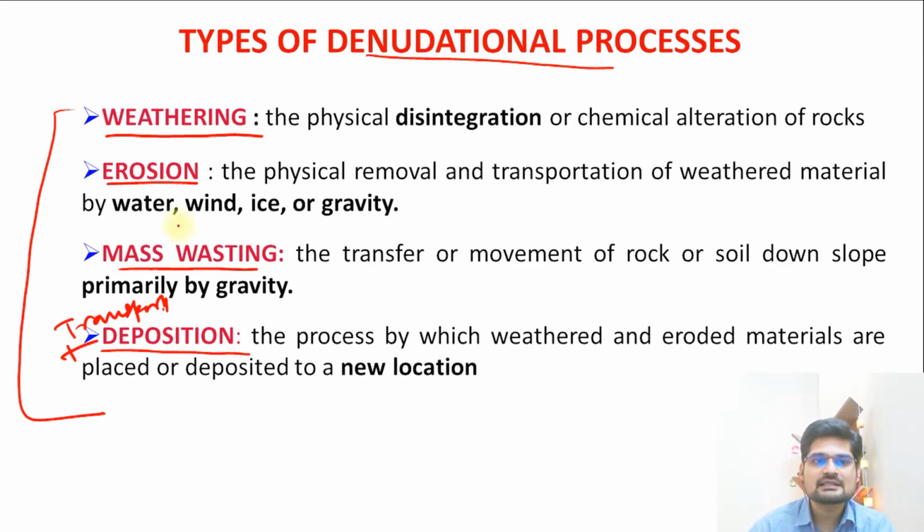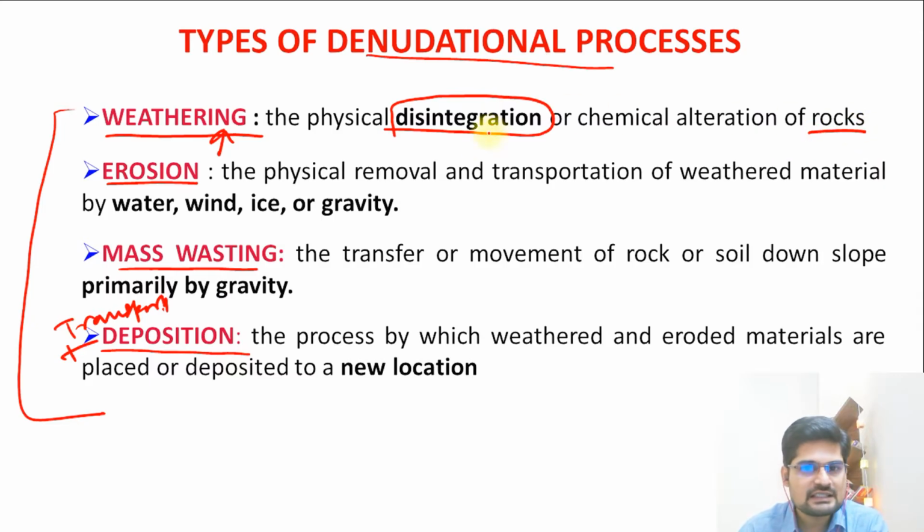So today let's understand weathering in detail, but just for the concept, understand what is the difference or what is the similarity between all of them and how they are linked together. So weathering is basically what? It is physical disintegration of basically what? Rocks. So physical disintegration or chemical alteration.